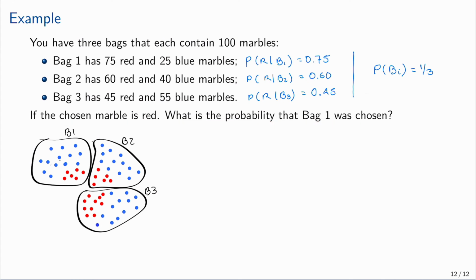So the question is the probability of bag 1 was chosen given that the marble that we select was red.